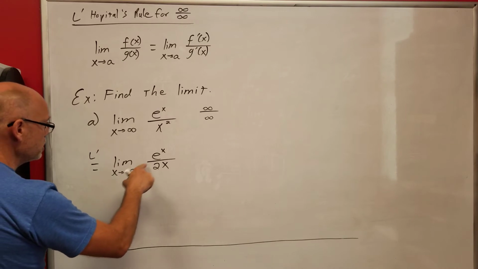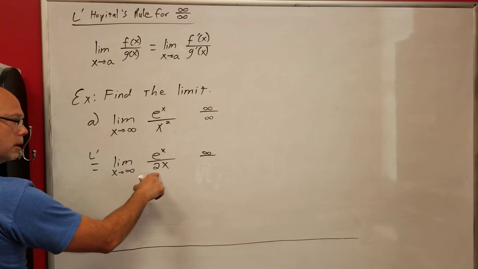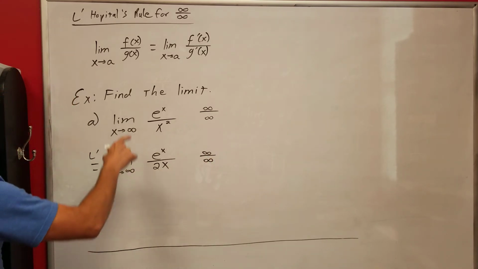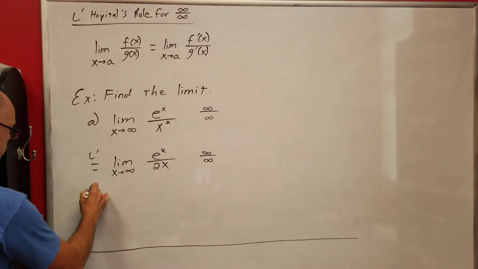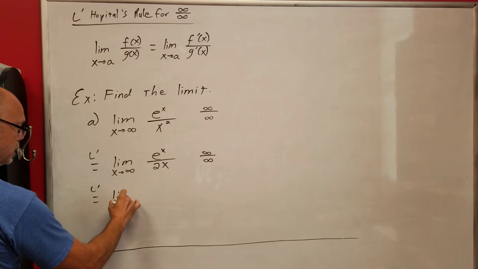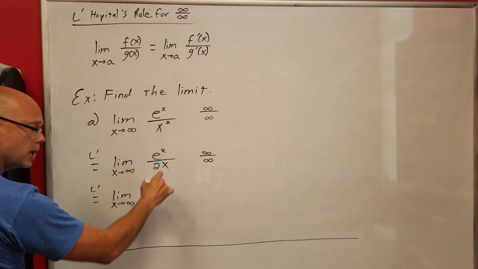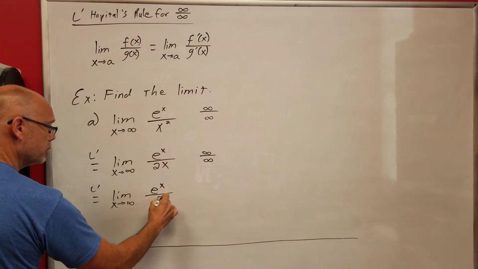Limit as x approaches infinity here, the numerator goes to infinity, and the denominator goes to infinity, right? So hey, that's infinity over infinity. Let's try L'Hopital's rule again. So I have the limit as x approaches infinity of the derivative at the top, which is e to the x, over the derivative at the bottom, which is 2, right?